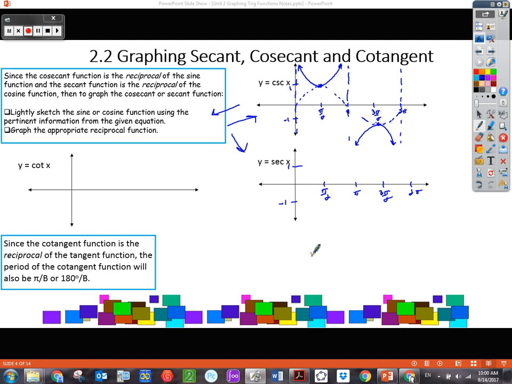If we recall, cosine starts up and then it goes down. So I'm going to do a little dotted line graph.